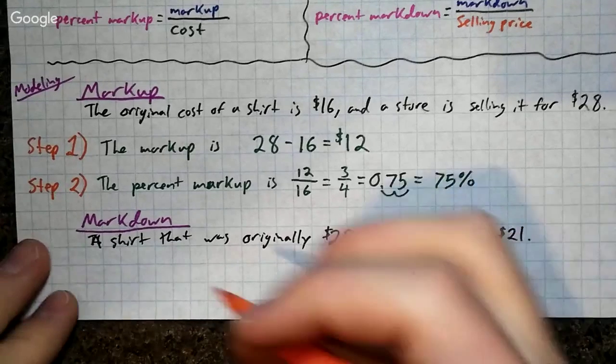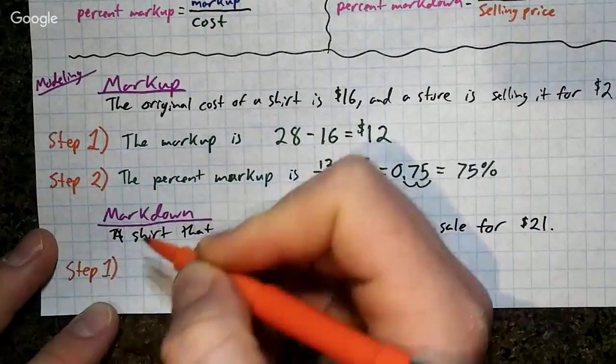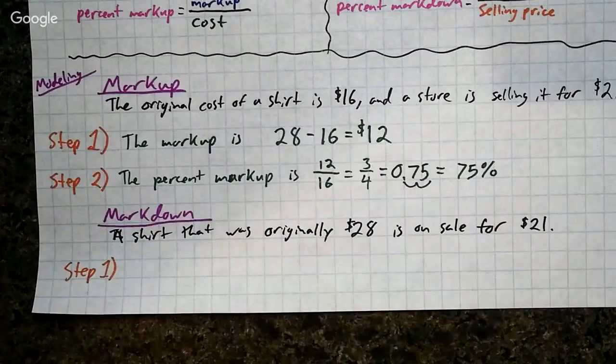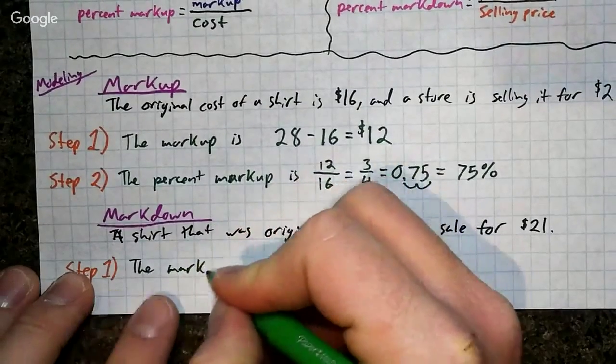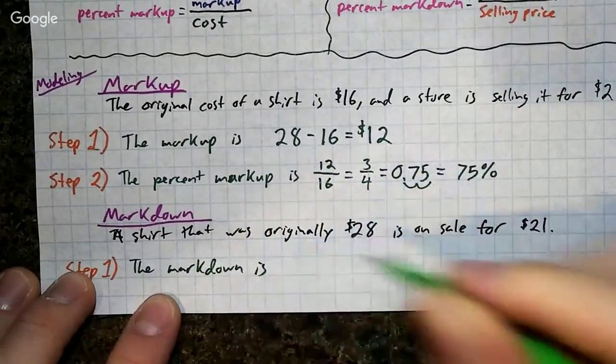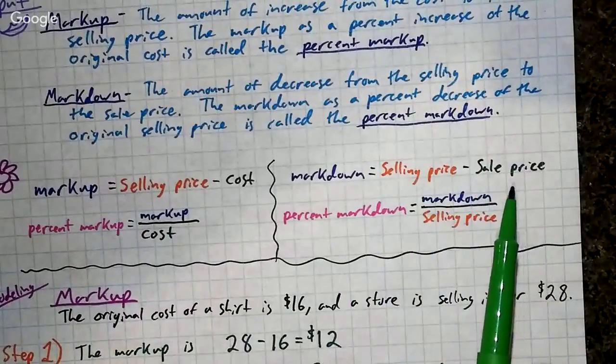So let's start with step 1. To find the markdown, it's simple. The markdown is, well, let's look back up here. What do we need for the markdown? Selling price minus sale price.